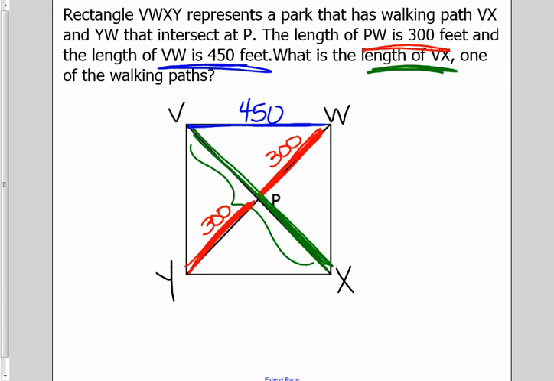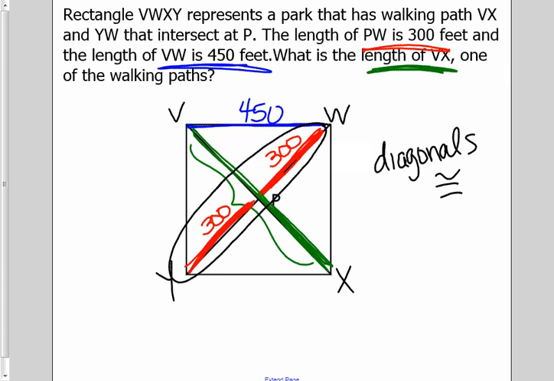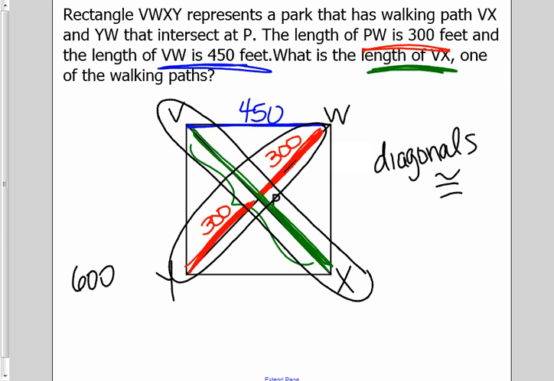And because the diagonals are congruent, then we can say that if WY adds up to 600, and it is congruent to VX, then we can say that VX is also 600 feet.